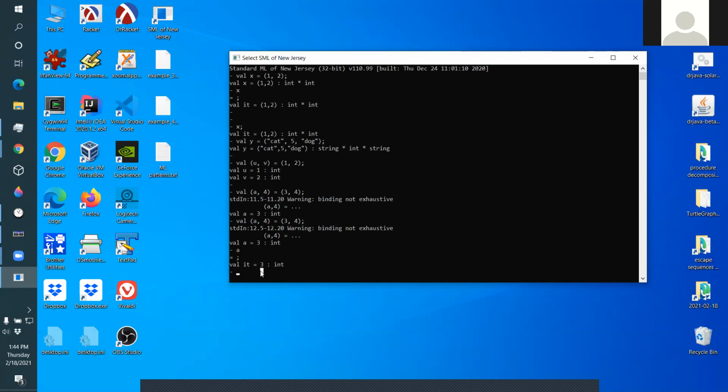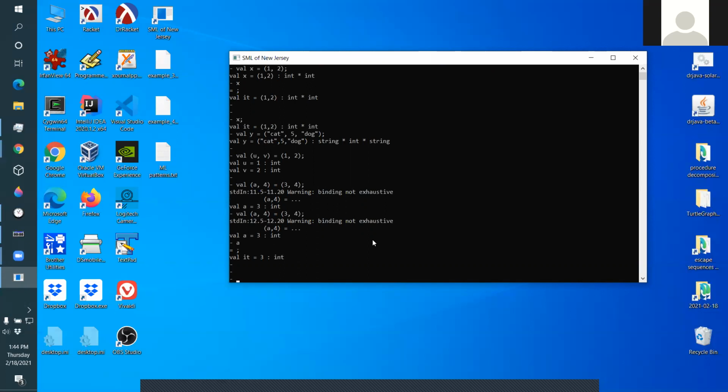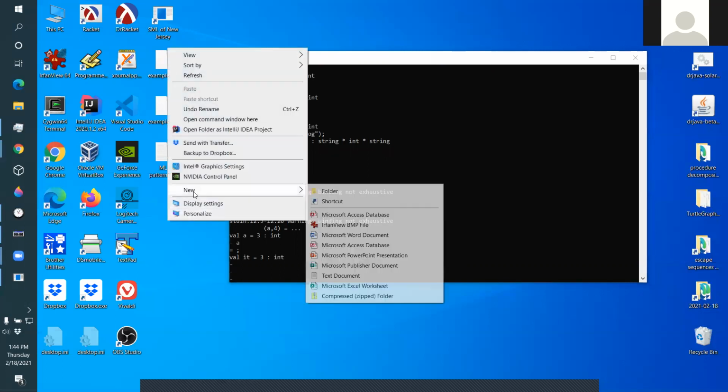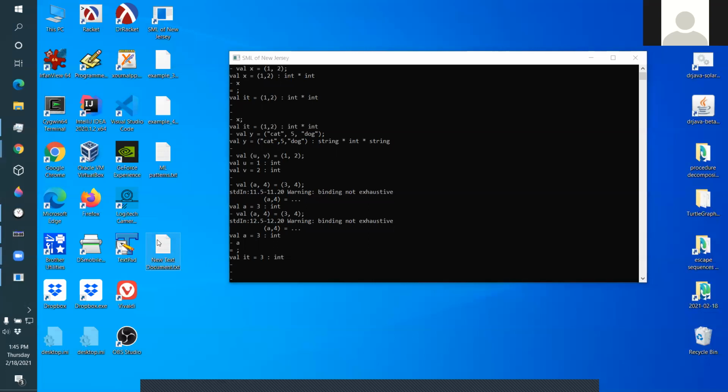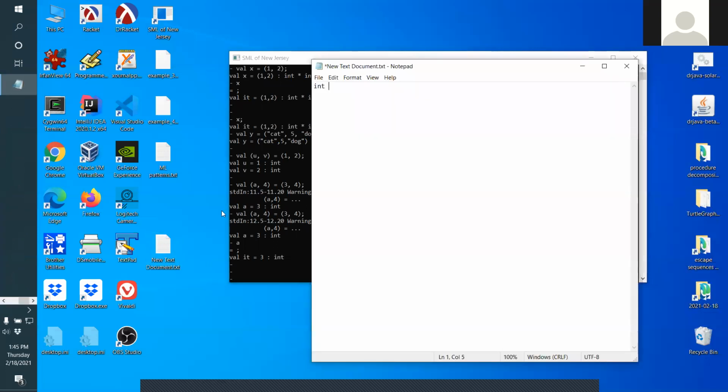Now, here's the thing that's funny. You're used to thinking that a variable goes on the left of an equal sign. In Java, you write things like int x equal something. You always put a variable on the left of an equal sign. So you say int x equals 7.